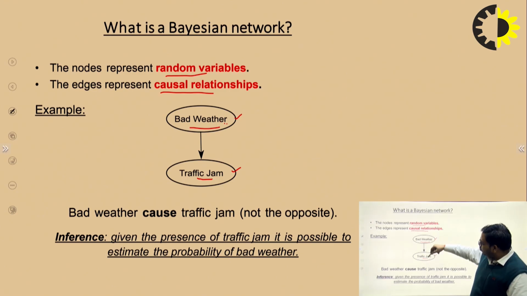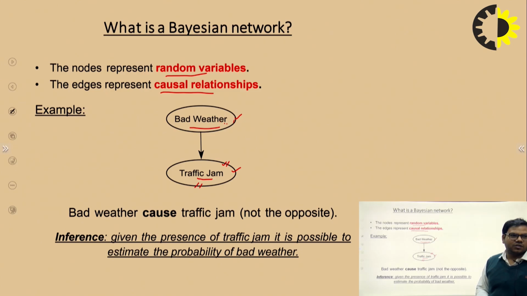Bad weather is causing traffic jam, but this diagram is not representing traffic jam causing bad weather. So the outcome of this event is not influencing this condition so much, right?